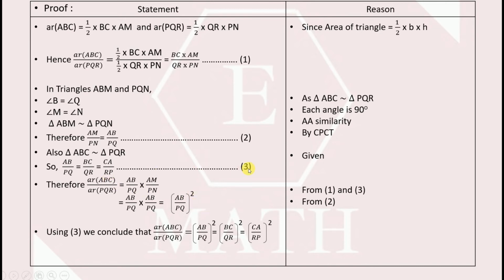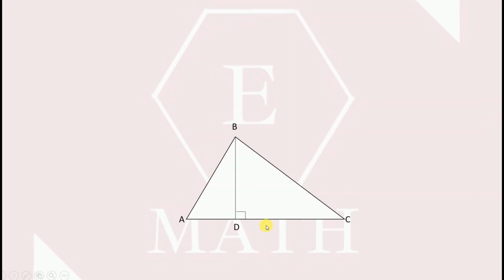So by using equation 3, if one ratio is equal to this ratio of areas of the triangles, then all three are equal to each other, right? So we conclude that area of triangle ABC divided by area of triangle PQR will be equal to AB by PQ the whole square, is equal to BC by QR the whole square, and that will be equal to CA by RP the whole square.